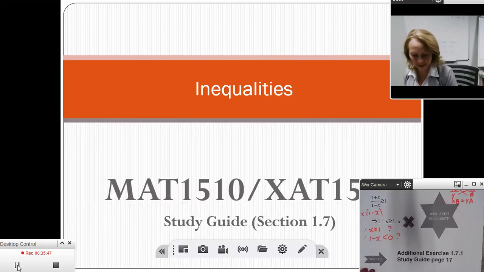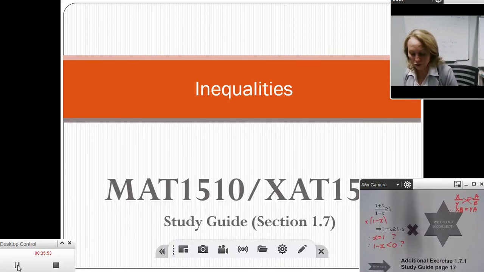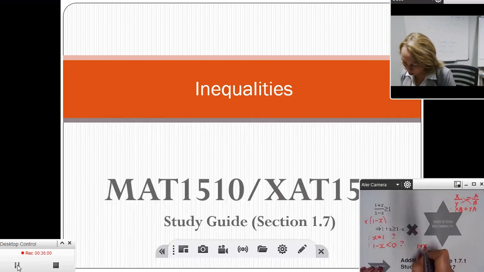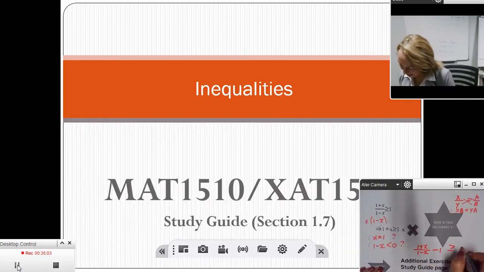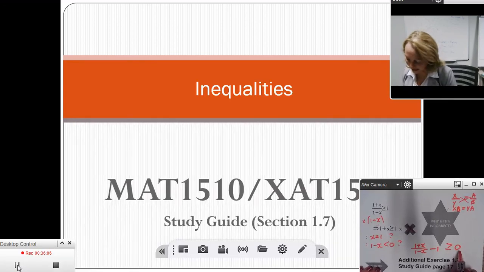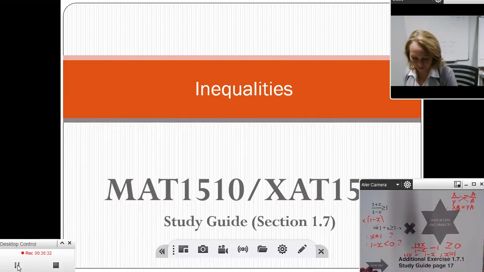Please do not follow the route of cross multiplication, but rather follow the route that I showed you in the previous example, where you set your expression so that there is a 0 on the right hand side, and then you proceed with a lowest common denominator of 1 minus x, where x may not be 1, and then you will have a simplification which will give you a rational expression greater than or equal to 0, and then you can proceed with the number line and the alternating plus minus signs as I showed you in the previous example.